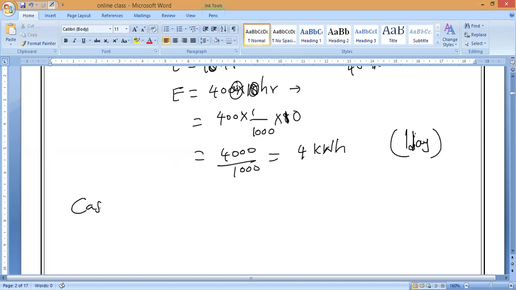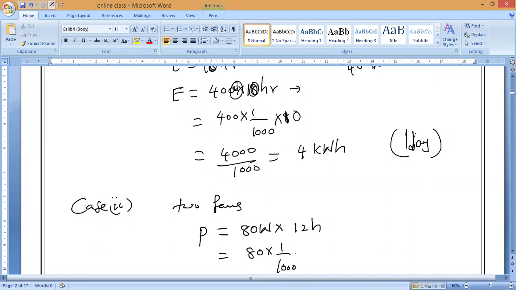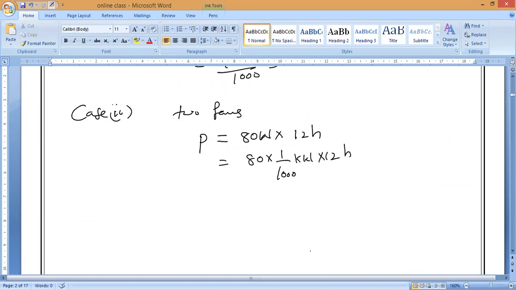Next, case 2. Anybody can tell me what case 2 is? 2 electric fans, they are saying. So what is the power of the fans? 80 watt. And what is the time they are consuming? 12 hours. We can say 80 into 1 by 1000 kilowatt into 12 hours. So now if you do it, 80 into 12, how much will it come?